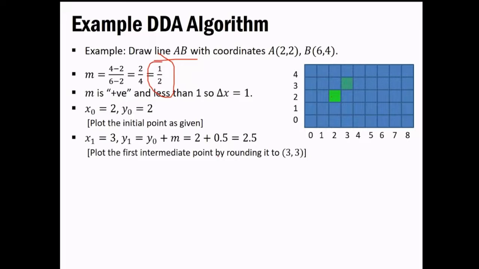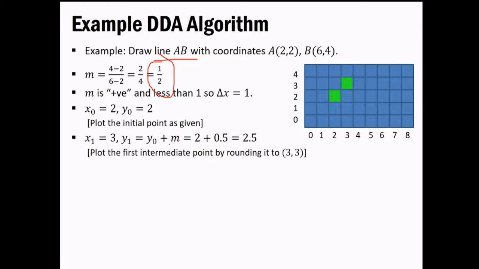And then the very first thing you have to do is increment. As I told you, you have to make one increment, that is the unit interval. So the very first point you get is x1 equal to 3. But we don't know how to increment the y value. If we know that delta x is 1, then we can derive the value for y1. So y1 would be y0 plus m.